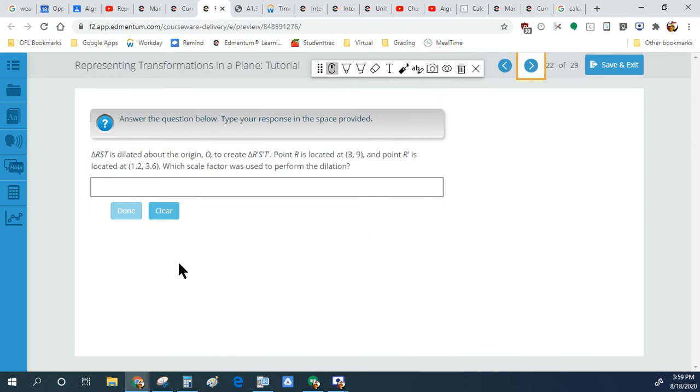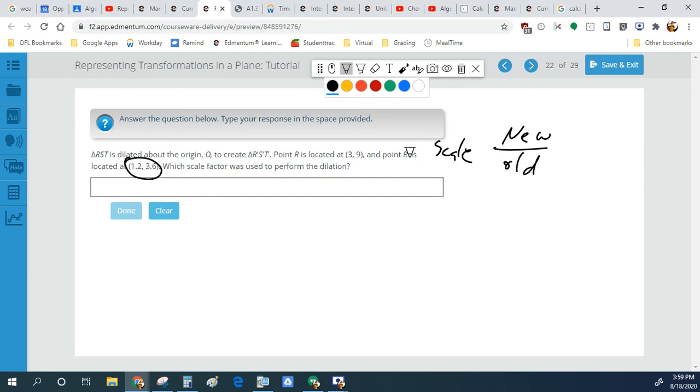Moving on. So from here, we're making it smaller. So here's the thing. This is a lot harder to do. What you always want to do is put your new divided by your old. That's going to determine your scale factor. So in this case, our new is 1.2 divided by 3.